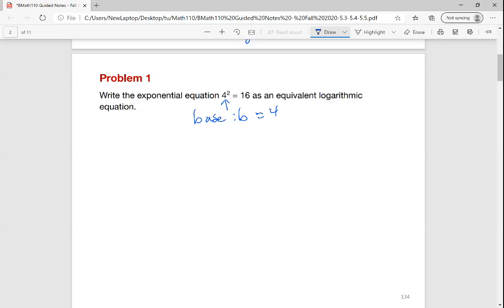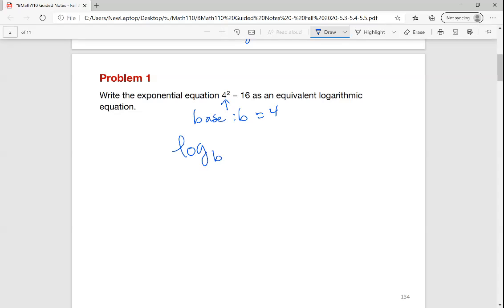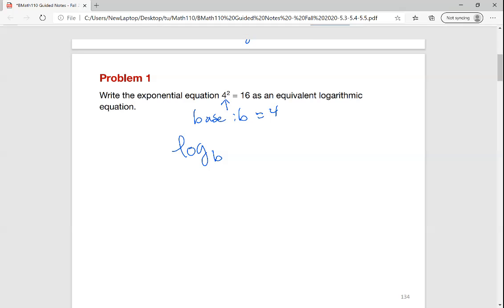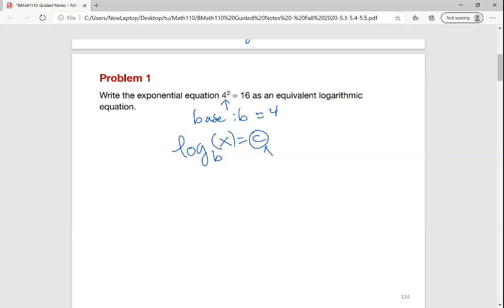So I'm going to have log base b of x equal to c, where c in here will be the power. So what is the power in here? It is 2.